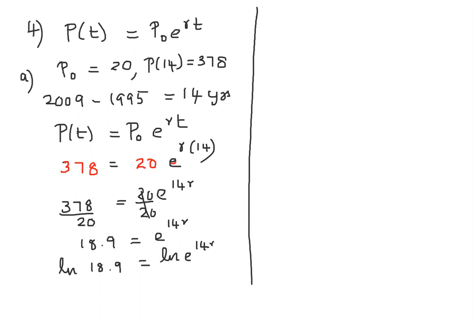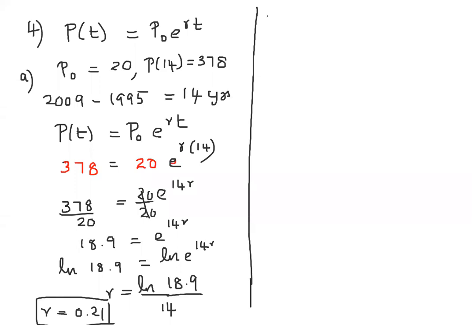So we get r equals ln 18.9 over 14. So you will get r equal to 0.21. Okay, so we got the r.